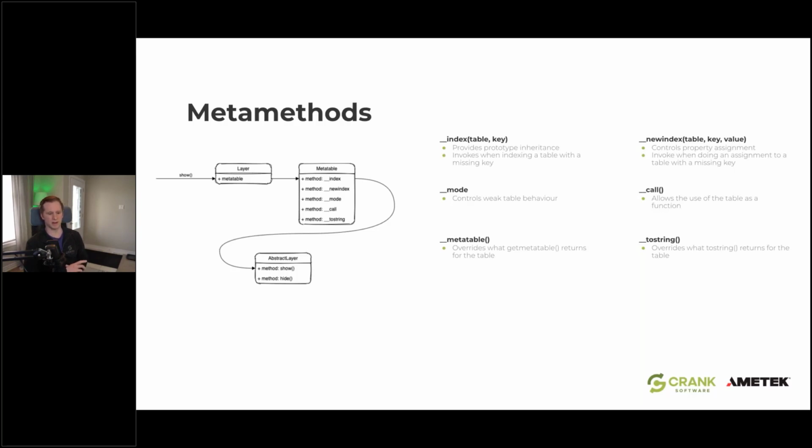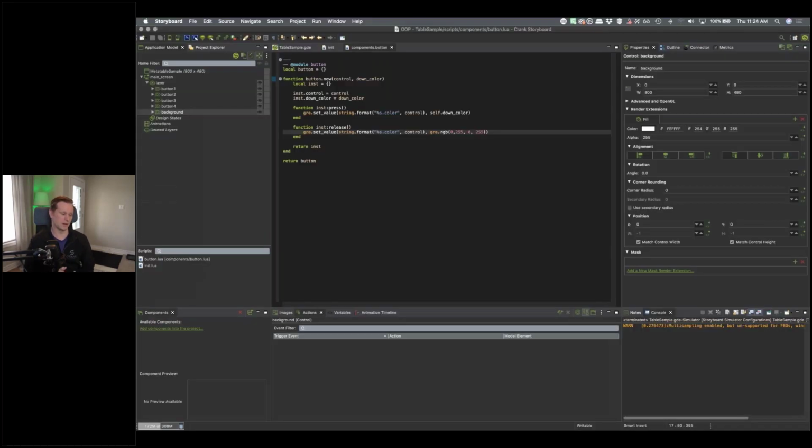Metatable, you can override what gets returned with get metatable. So if you want to hide your actual metatable for your module, you can implement that. And then toString just overrides the toString behavior. Nothing too complicated there, but the ones we're going to care about are index and call eventually for one sample. So we're going to switch back here.